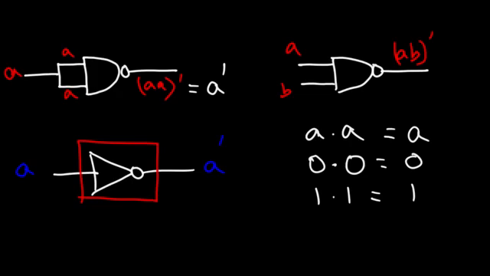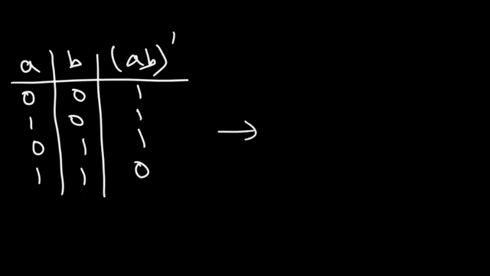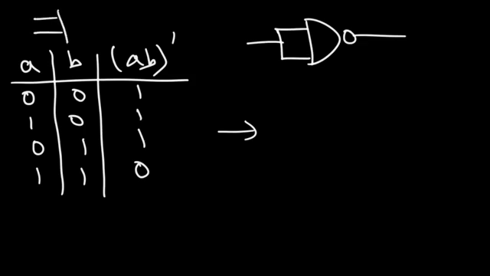Now, let's understand how this works using a truth table. So let's write the truth table of a NAND gate. Now, once we connect the two inputs together, let's say once we make this circuit, here we have this circuit, by the way. These two columns have to be the same.